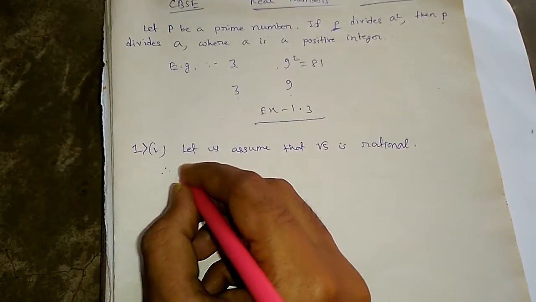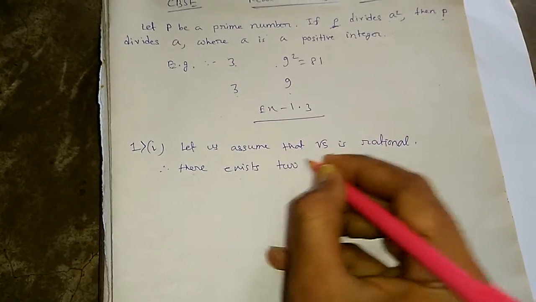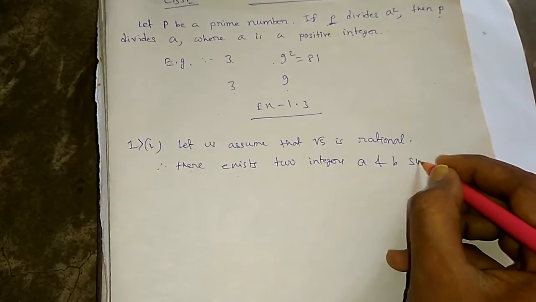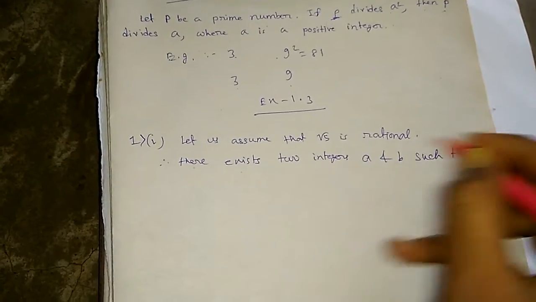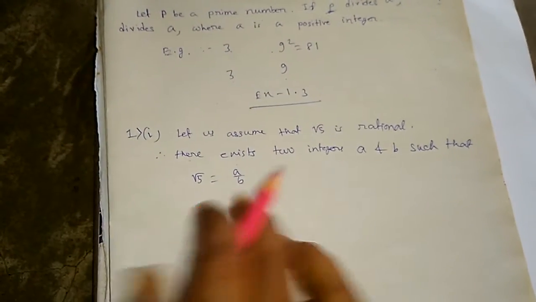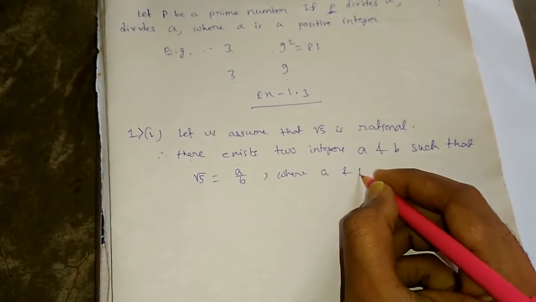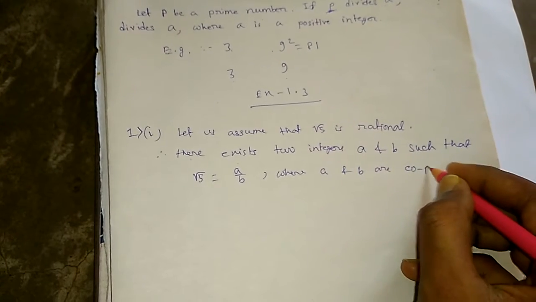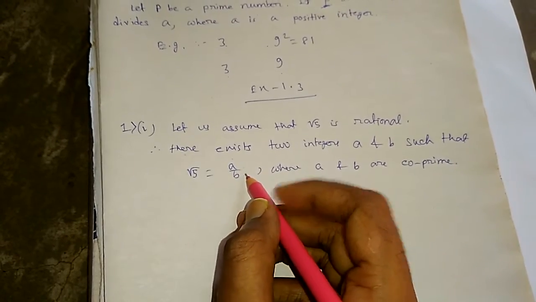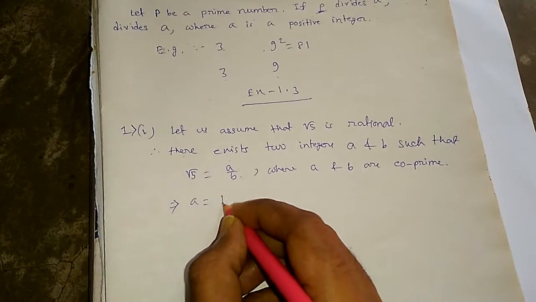So there exist two integers a and b such that root 5 can be written as root 5 equal to a by b, as any rational number is in the form of p by q, where a and b are coprimes. Coprime means the only common factor between a and b is 1. So do the cross multiplication, you will get a equal to b root 5.